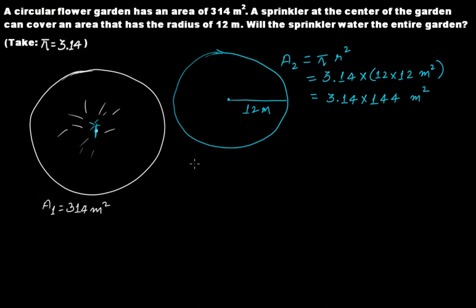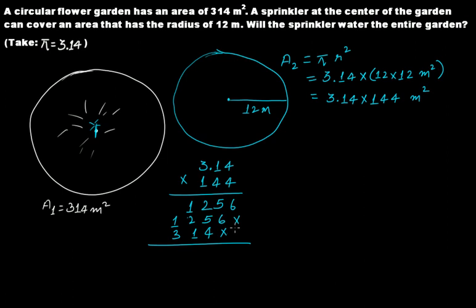If you multiply 3.14 with 144. 4 times 4 is 16, 4 times 3 is 12, and so on, adding up the partial products.